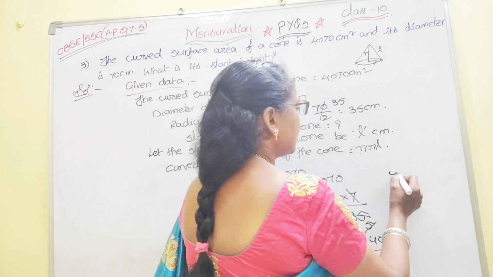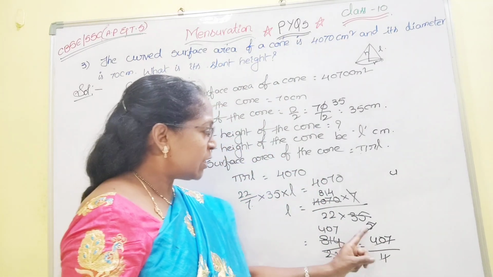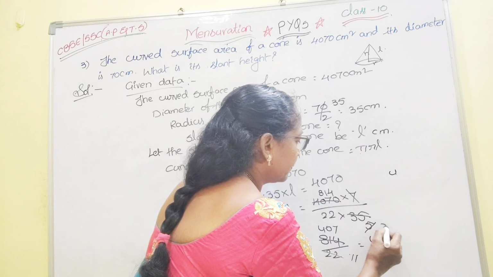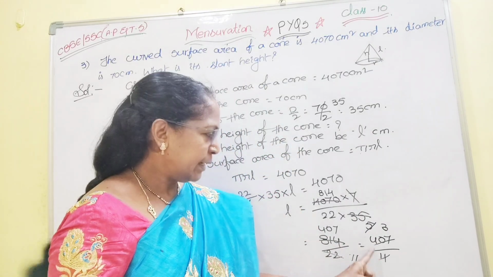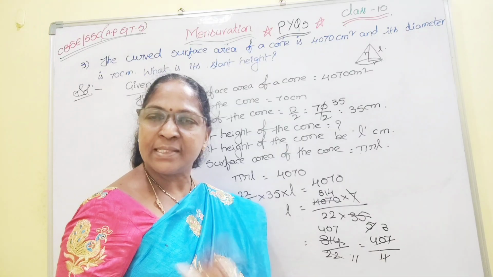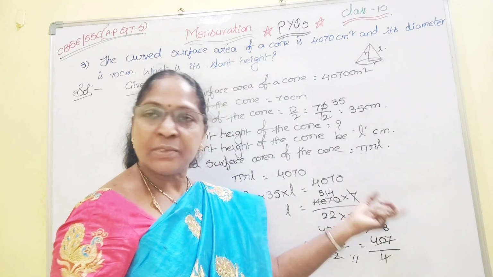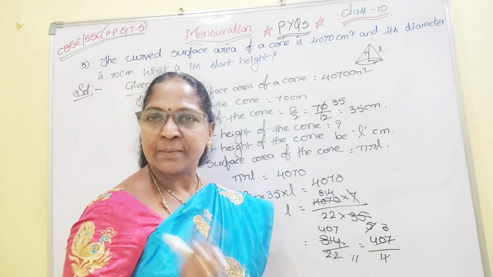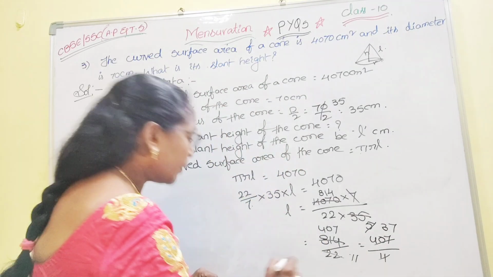Now do this. Directly here only you can do. 3 11s are how much? 33. 3 11s are 33. What is the balance? Here 40 minus 33 equals how much? 7. 7 7s are 77. That means 11 goes in 77 how many times? 7 times. So 3 7s are 37.